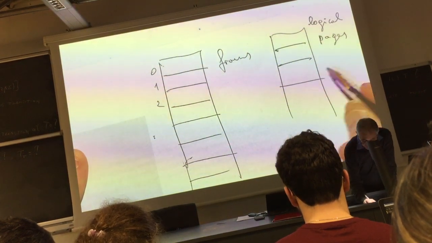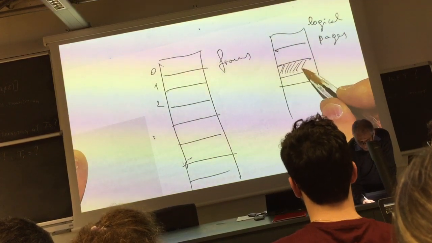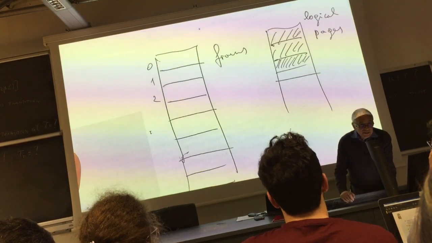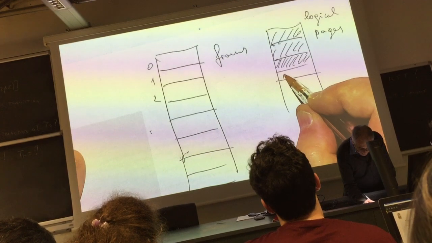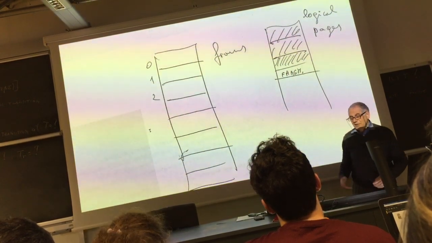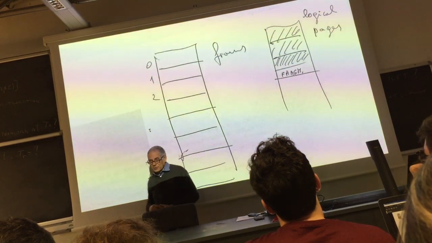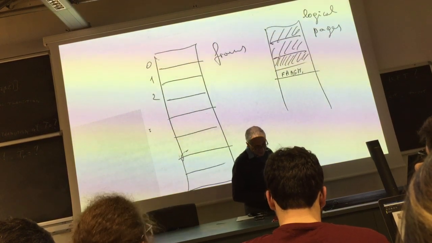So the last page, for example, for a program, will on average be half empty. So this is internal fragmentation, but we accept this internal fragmentation because we have a lot of advantages for using pages.